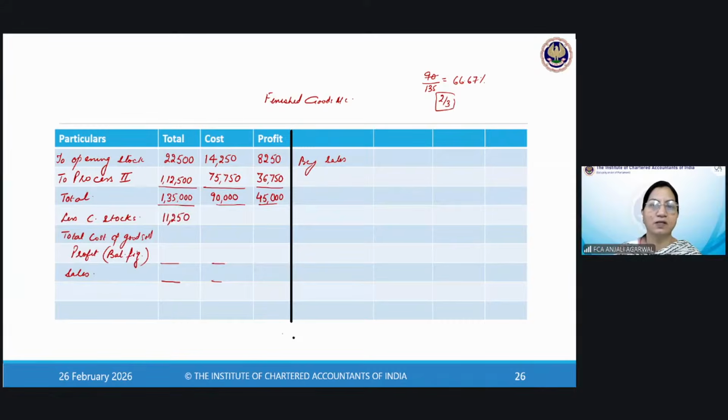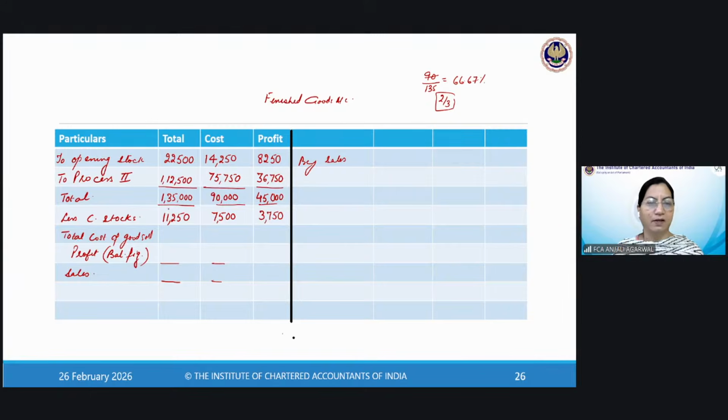Two-third part is cost and only one-third part is profit. So similarly, bifurcating proportionately, what will be the cost of 11,250? 2 by 3 of 11,250. The cost contained in this will be 7,500, and therefore the profit would be 3,750.